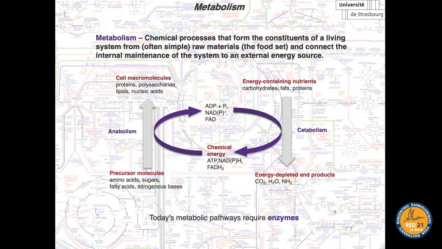So metabolism in biology, according to a textbook definition, is a collection of different chemical processes that utilize simple building blocks, which we can also call a food set, to build up the molecules that take part in the living system's processes. And these processes are also involved in the internal maintenance of the system. They use an external energy source to keep all the processes going.